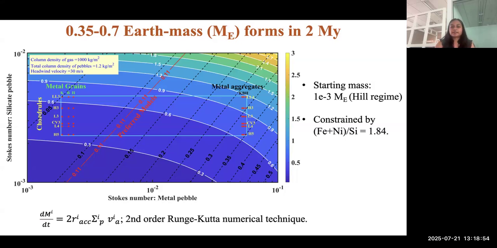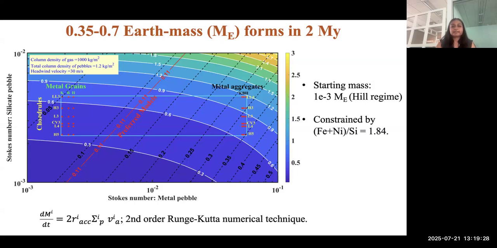The right-hand side also represents the bouncing barrier, so this is a hypothetical pebble that can form, because beyond the bouncing barrier, pebbles can fragment or break into smaller pieces. So this whole box represents the planet masses and metal fractions of planets that can grow from the observed sizes and densities of chondritic components.